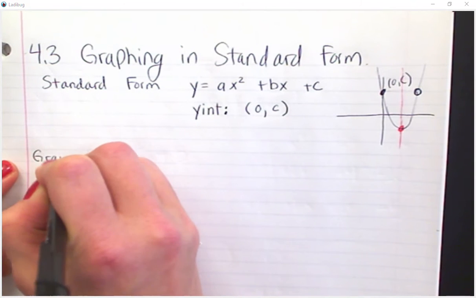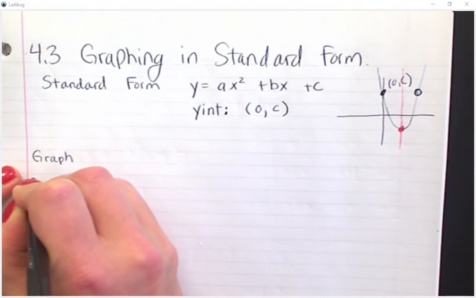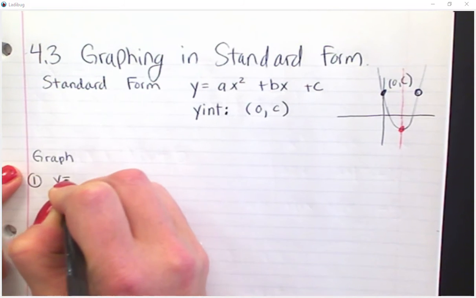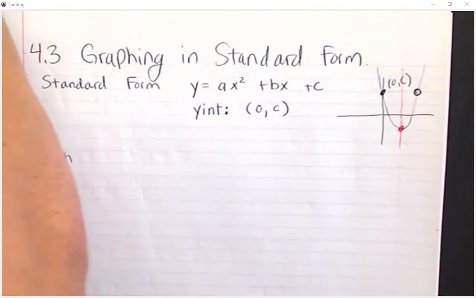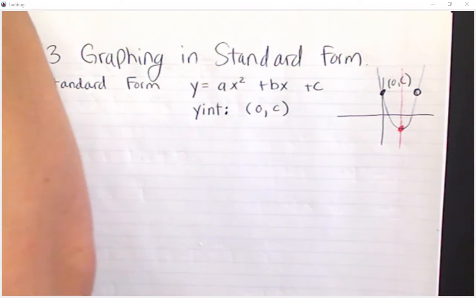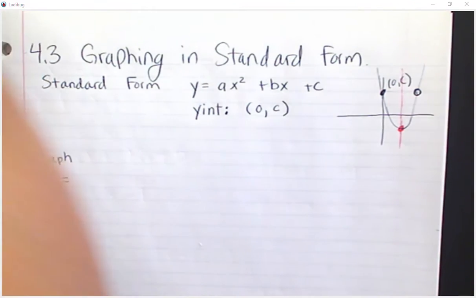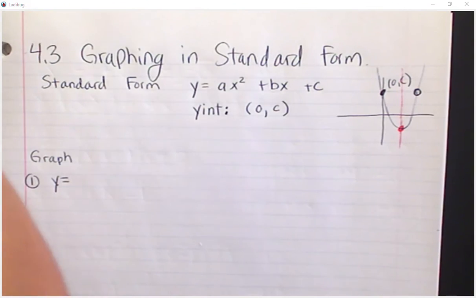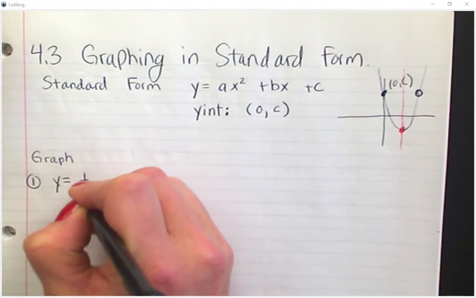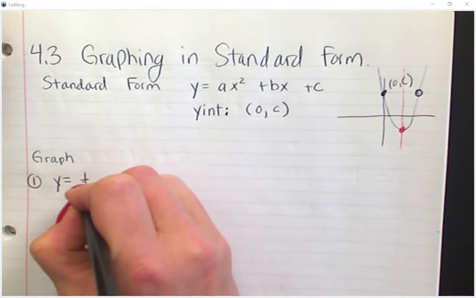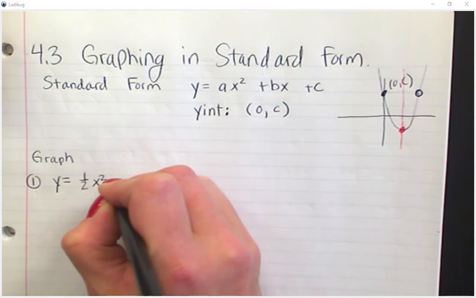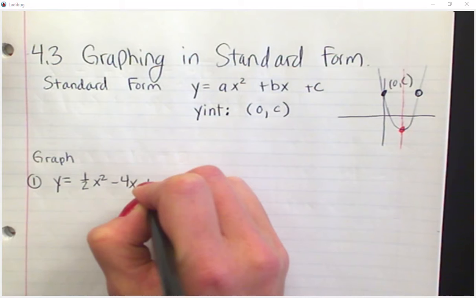Graph. I'm going to walk you through it. Y equals 1/2 x squared minus 4x plus 1.